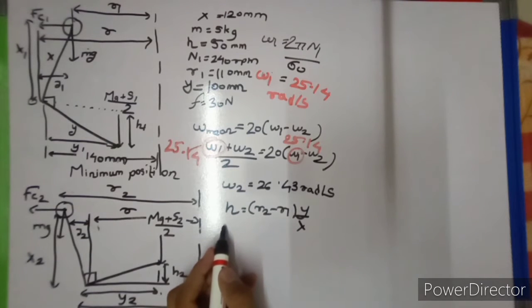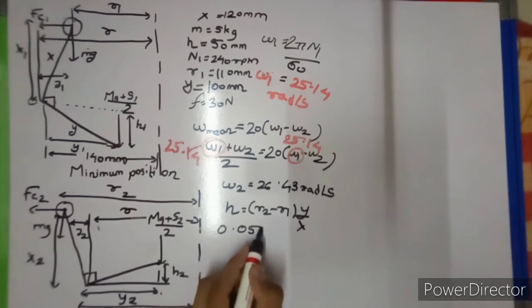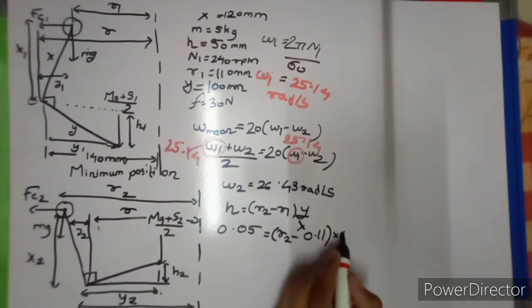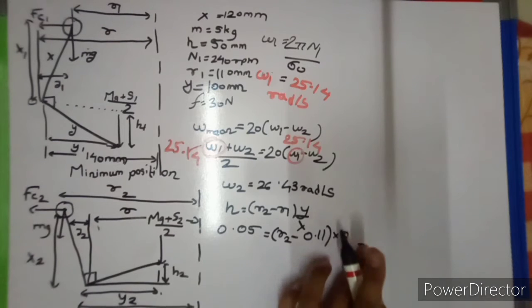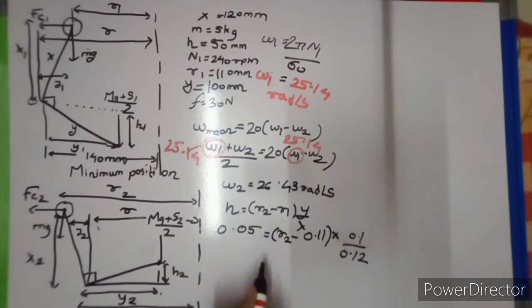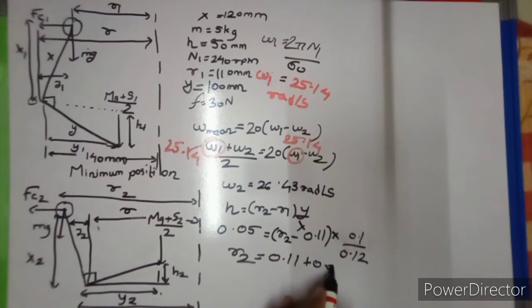We know h is 50 mm, converted into meters 0.05, equals r2 minus 0.11 into y1 by x, that is 0.1 upon 0.12. So r2 is equal to 0.11 plus 0.05 into 0.12 upon 0.1.